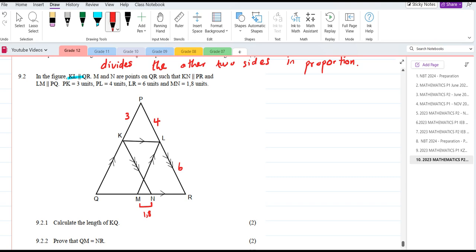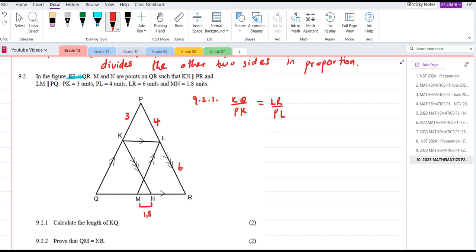So 9.2.1. KQ, I'm going to say KQ over PK, because I'm looking at this triangle PQR. KQ over PK equals LR over PL, right?